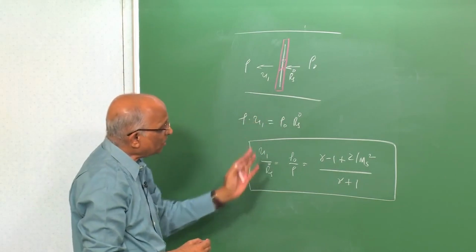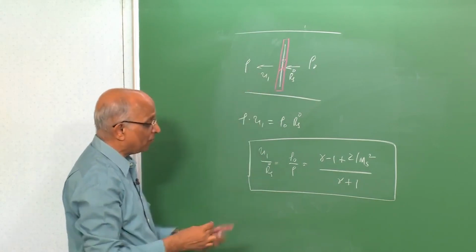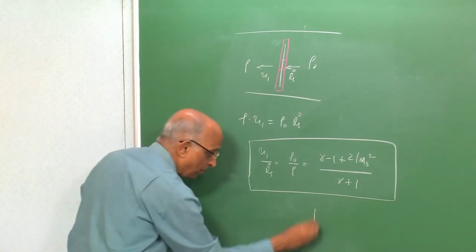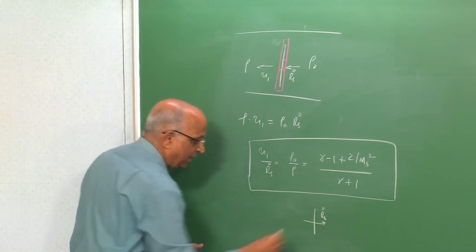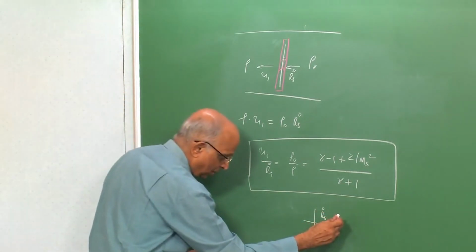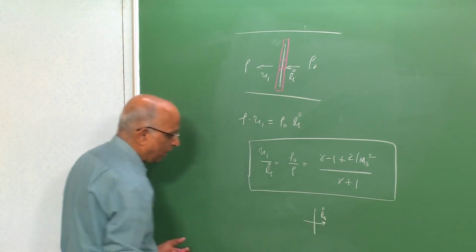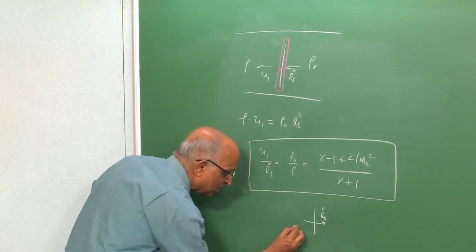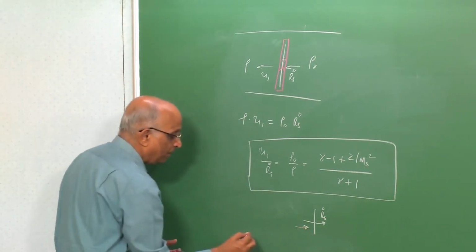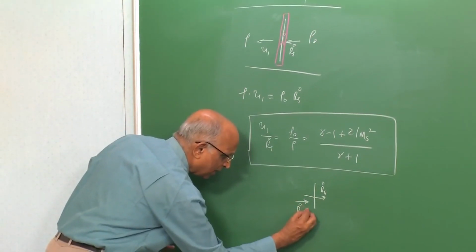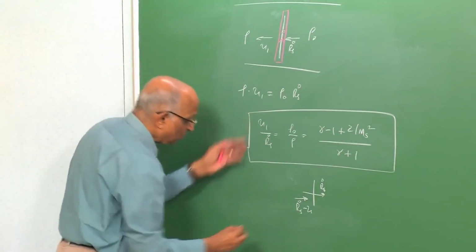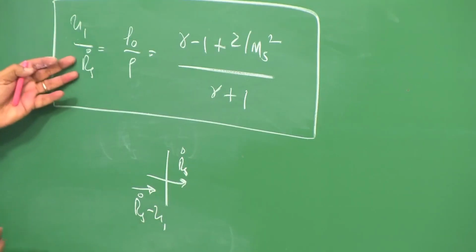But if I consider the actual movement of the shock, and mind you, we had this problem of the shock moving at a velocity R s dot when the medium ahead is quiescent, or not moving, the velocity of the gases behind is going to be R s dot minus u 1.